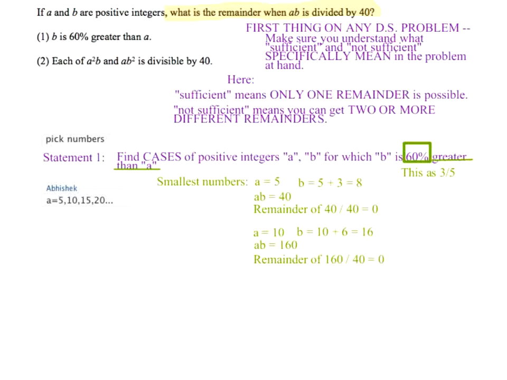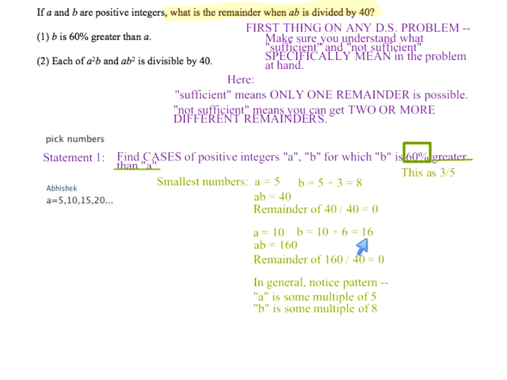I think you guys see where this is going, but you want to look for a pattern here. What you're going to eventually recognize is that your A is always going to be a multiple of 5. So throw in enough cases until you see what's going on, right? A is a multiple of 5. And because you're increasing that by the same 60%, B is going to be a multiple of 8, which is 60% more than 5.